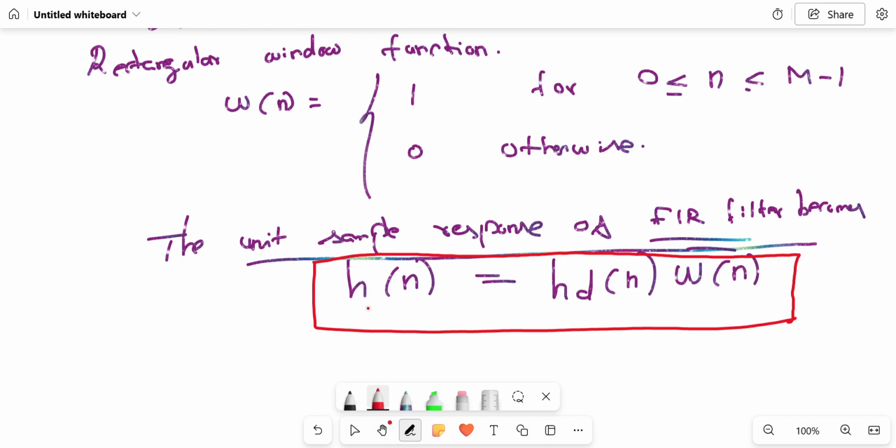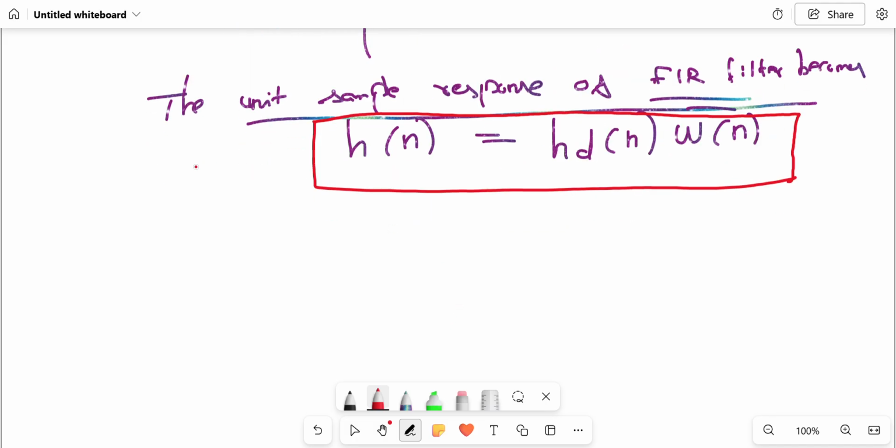Although the rectangular function is the simplest one to implement, because w of n is equal to 1 for 0 to M minus 1, 0 otherwise, it is the worst to use in spectrum analysis.